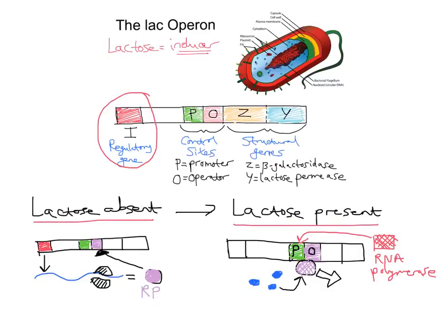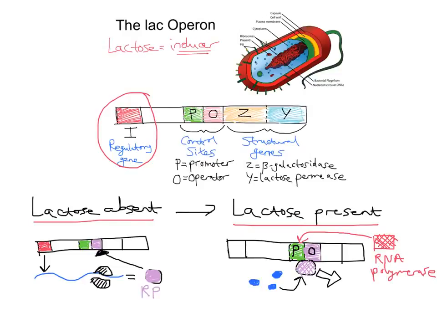And what that means ultimately is that we can enable the bacteria to produce sugars which can be used for respiration. So we have this lactose inducer, it binds to the repressor protein. This inducer-repressor complex can no longer bind to the operator. The repressor protein leaves the operator, and what we get is RNA polymerase now successfully being able to bind to the promoter region.